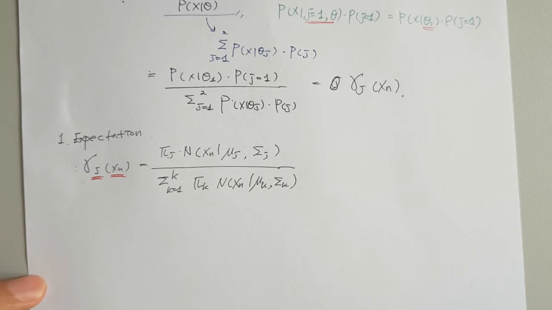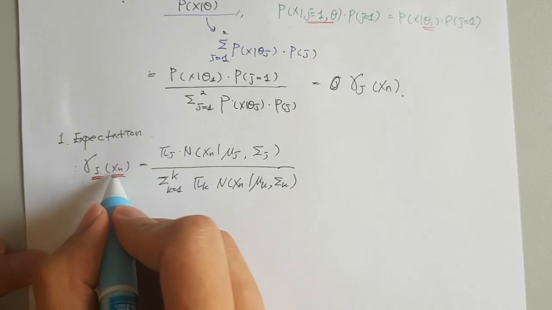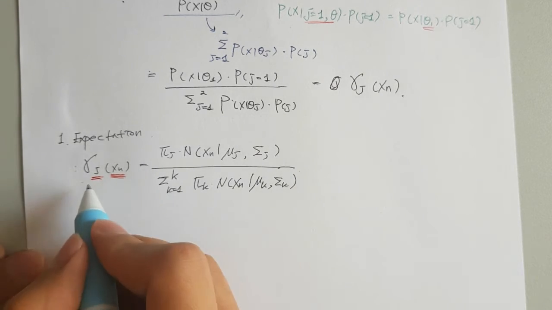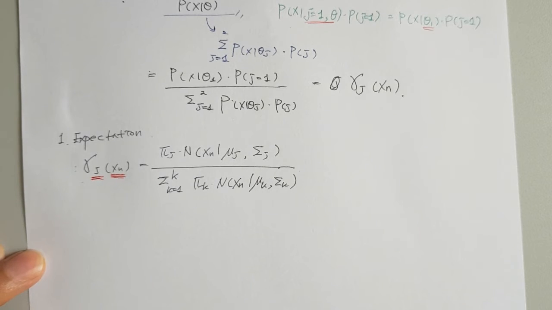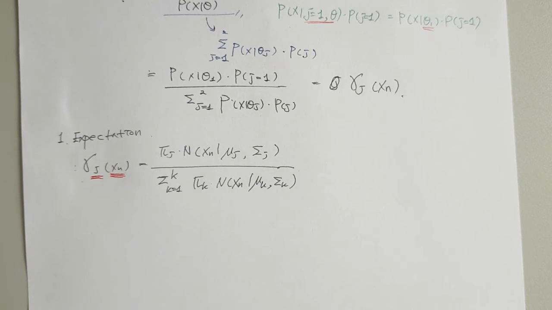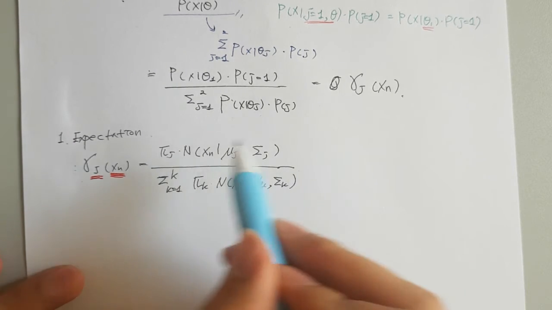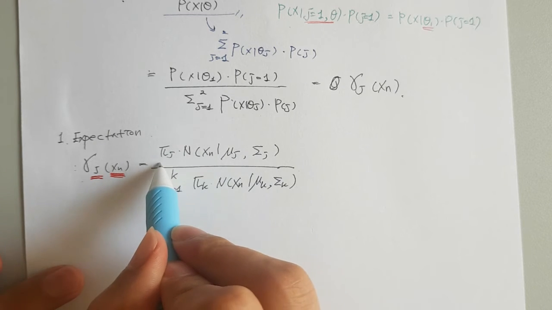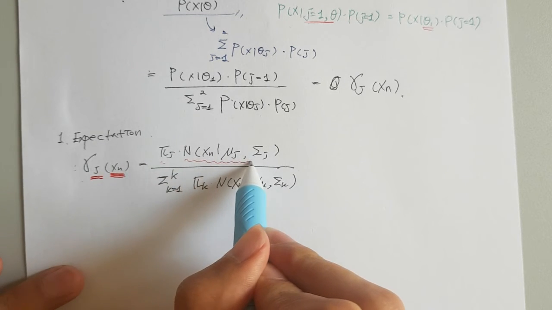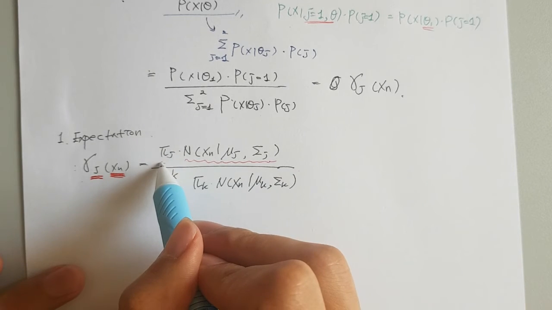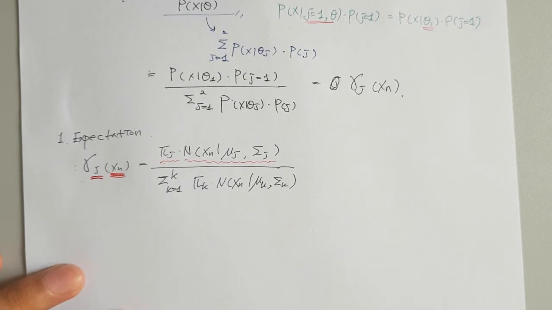So each data point will be affected by several different distributions, and this responsibility can be calculated from each distribution, which is weighted by some ratio or probability.